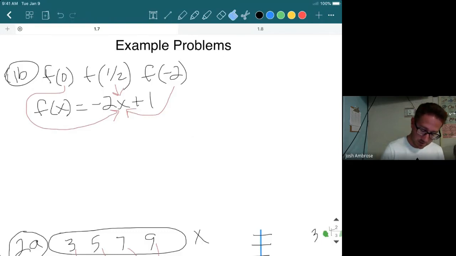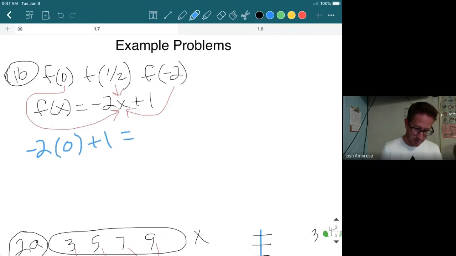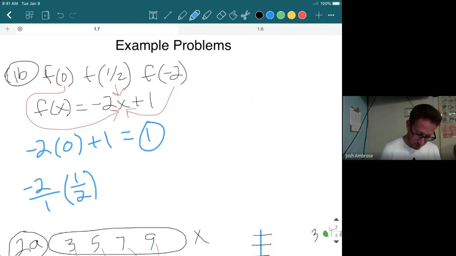If we plug in 0 first, you're going to have negative 2 times 0, add 1. That's going to be 0 plus 1, it's 1. So one of your answers is 1. Then plug in 1/2, negative 2. I'm going to put it over 1, just makes life a little easier here. That way you can see what we're looking at.